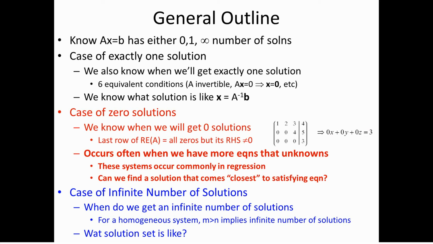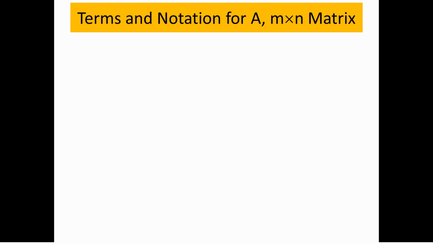Before we do this, I want to first of all talk about a few terms that we're going to need. We're going to consider some matrix A, which is an m by n real matrix.